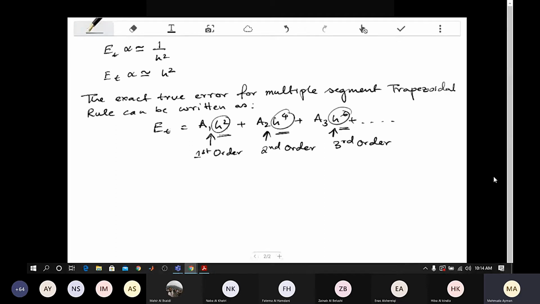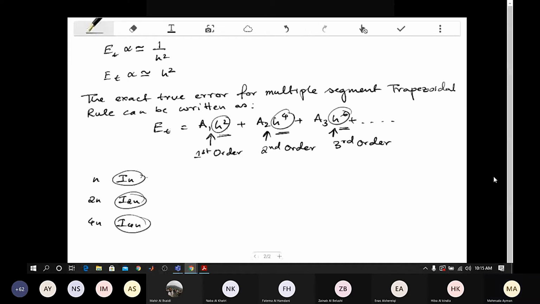Okay, so now let's say that we have n segments, 2n segments, and 4n segments. And we approximated the value using the trapezoidal rule here, which is I of n, I of 2n, and I of 4n. All right.